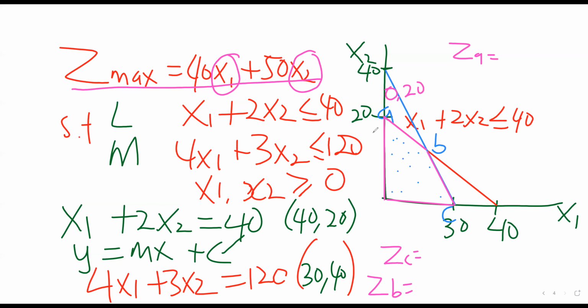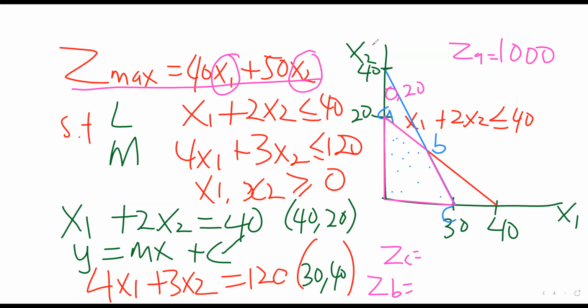You drop that into the Z value and tell me the answer. Who can tell me the answer? Some of you have done it already. Fantastic. So the answer is going to be 1,000. This one is between you, your God, and your calculator.